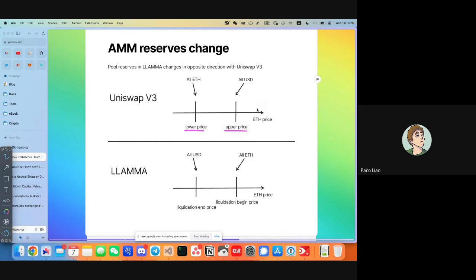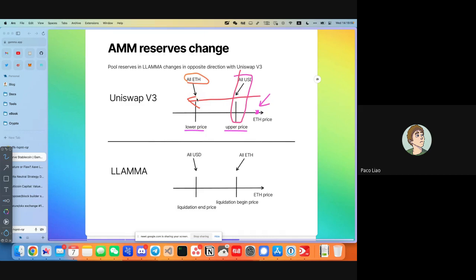If the current price is out of the range, let's say the current price is greater than the upper price, like the current price is here, the pool will be all in USD, right? And if the price goes down, the USD in the pool will decrease and finally become all in ETH. So this is the Uniswap v3 style pool.